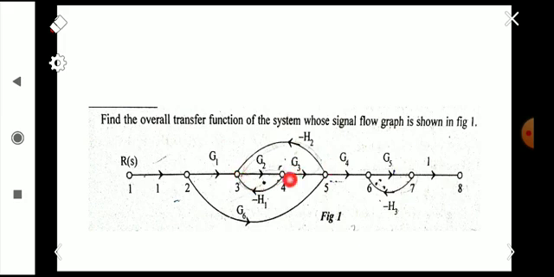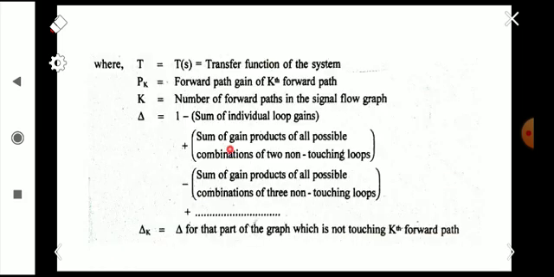But this loop and this loop are non-touching, and again this one and this one are non-touching, because we can't find any nodes or branches common to these two loops. So, sum of gain products of all possible combinations of two non-touching loops, minus the sum of gain products of all possible combinations of three non-touching loops, if they exist. That's the condition for delta.